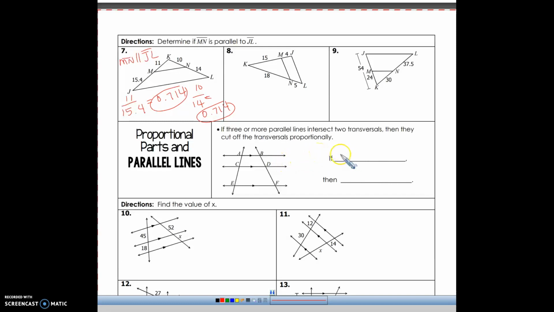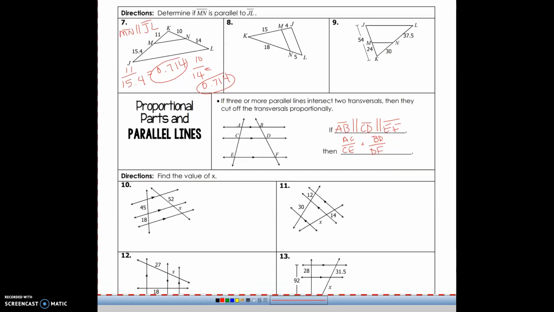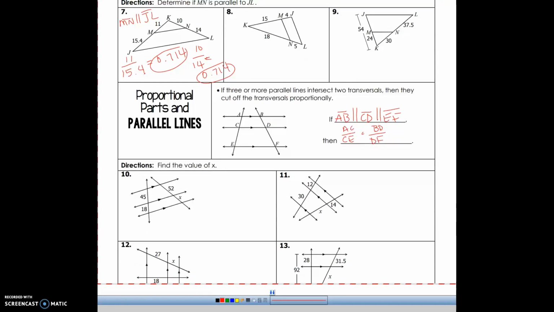So if AB is parallel to CD, and those 2 are also parallel to EF, because you have to have 3 sets, then AC over CE is going to equal BD over DF. So still just setting up proportions.